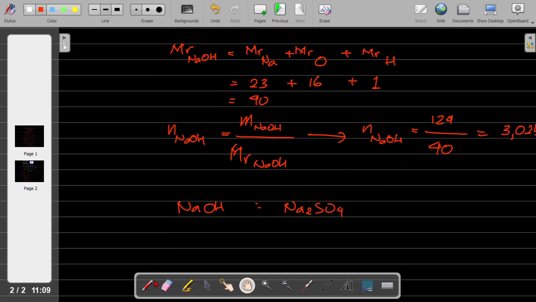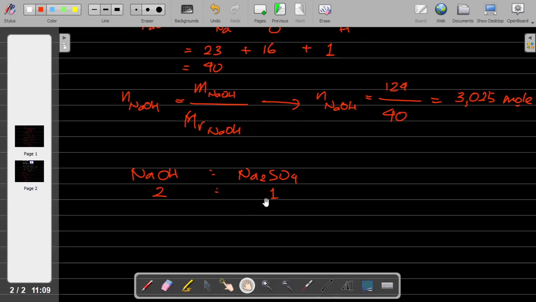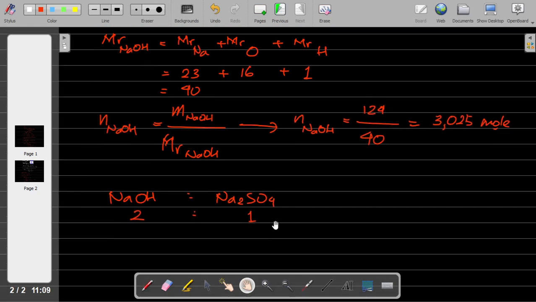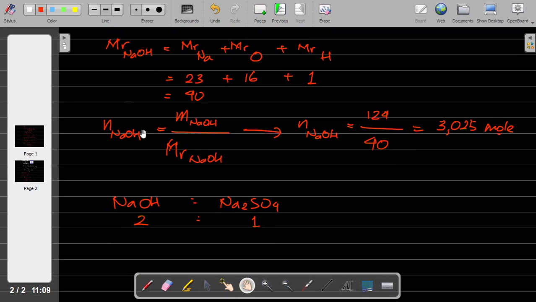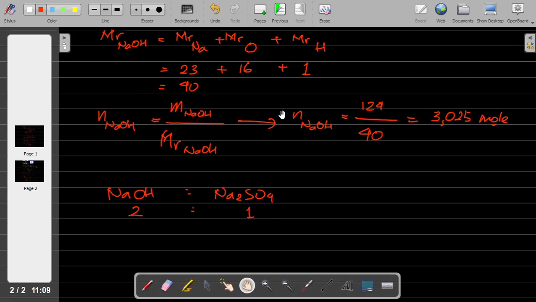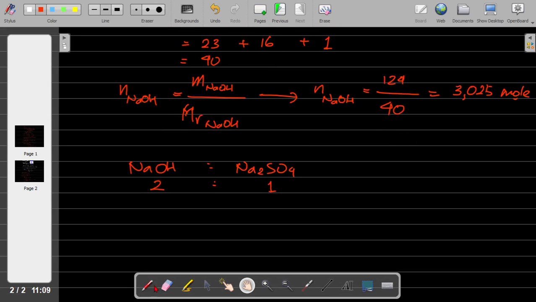From our previous calculation, we already know that the moles of NaOH is 3.025. Then we don't know this.